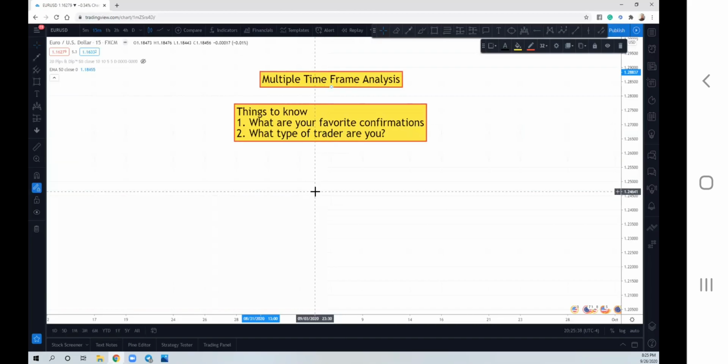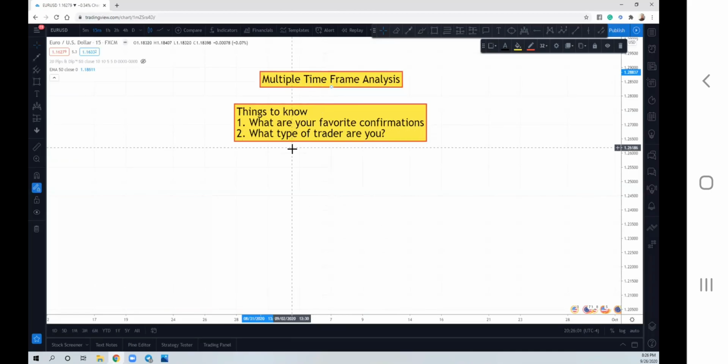That's basically within the session. And an intraday trader kind of holds their trades over a couple sessions or so, for a bigger amount of pips to catch.